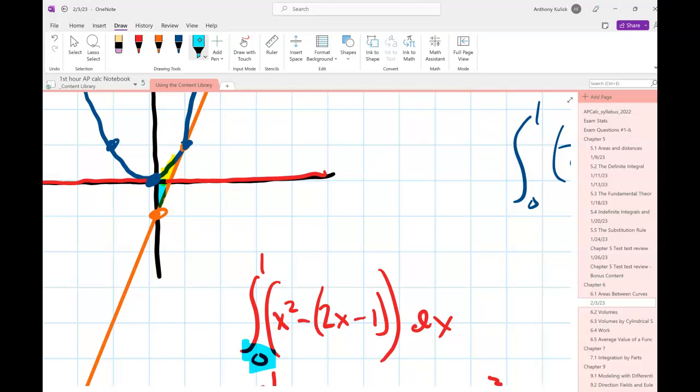Well, if you think about it, we're going from y equals 0 to 1. So this part is still cutting off at 0, and that part is still below.